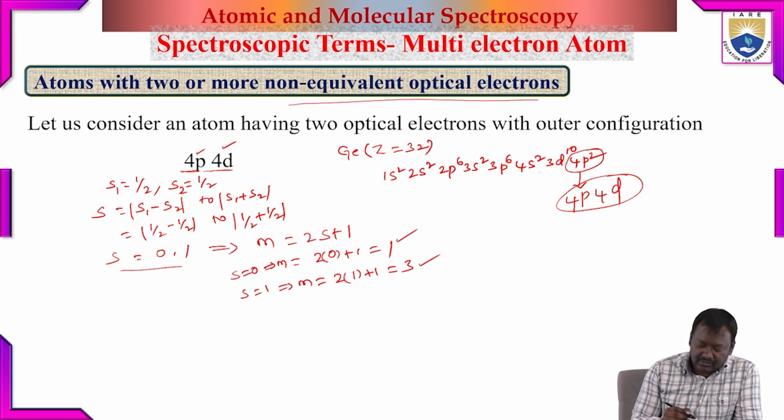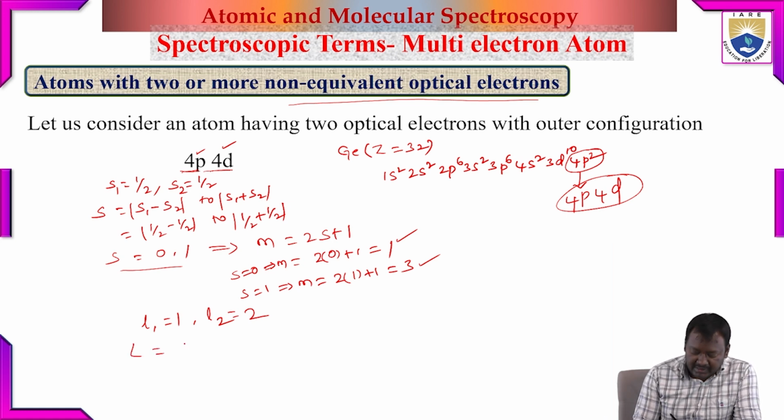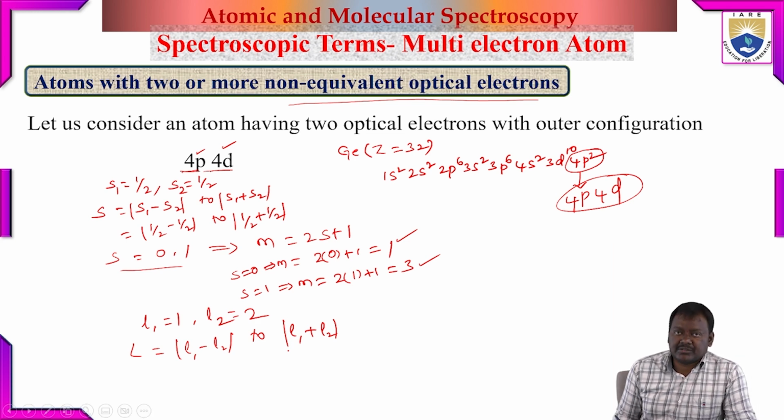Now let us come to L values. There are two electrons. L1 for the p electron is 1, and for the d electron, L2 is 2. Now the total angular momentum L must be taken from L1 minus L2 to L1 plus L2 in integral steps.